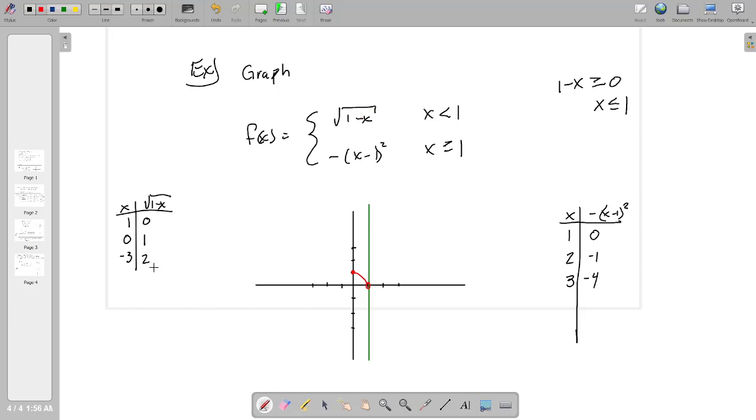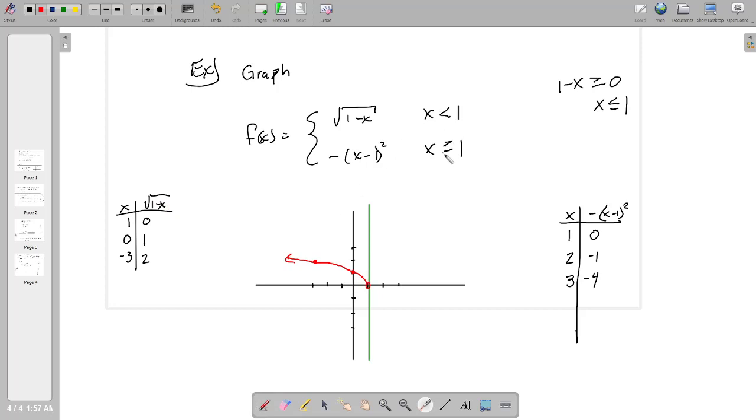So let me plot the other point, negative 3, 2. 1, 2, 3, 2. And then we will connect here and continue like this. So this function looks like this on the left.